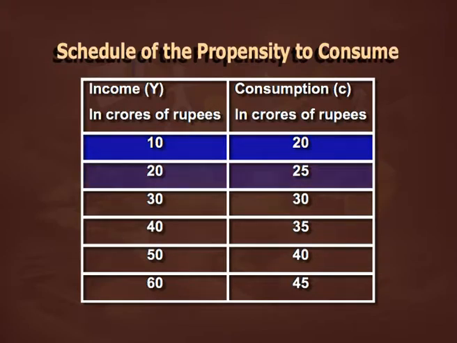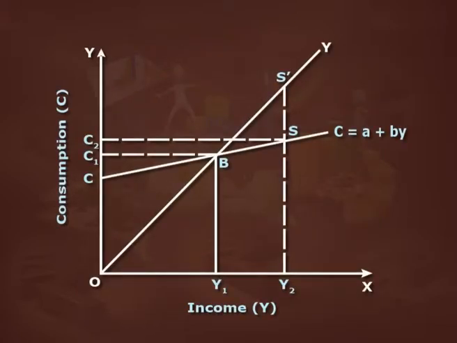As the income increases by rupees 10 crores, the consumption increases by rupees 5 crores, and this continues till we have reached the income to rupees 60 crores and the consumption to rupees 45 crores. Here we get to see that the income increases by rupees 10 crores each time and the consumption by rupees 5 crores. Now let us understand with the help of a figure.